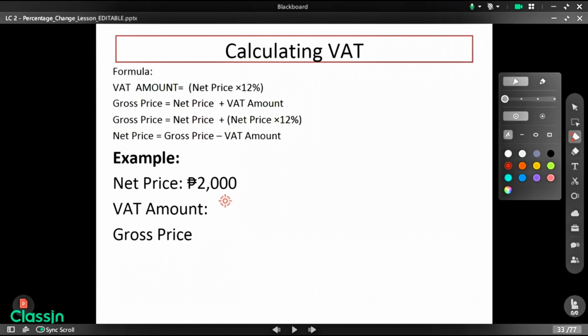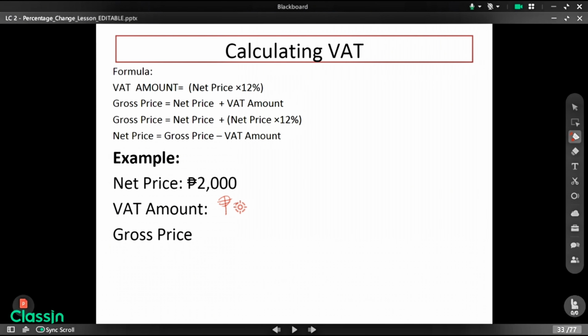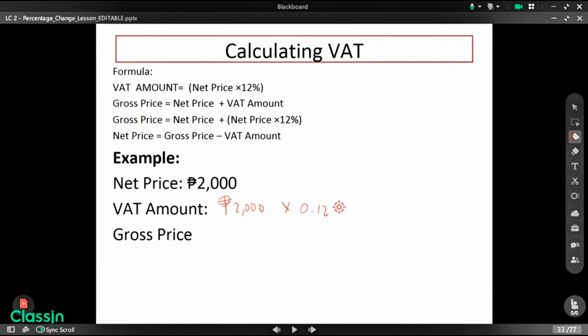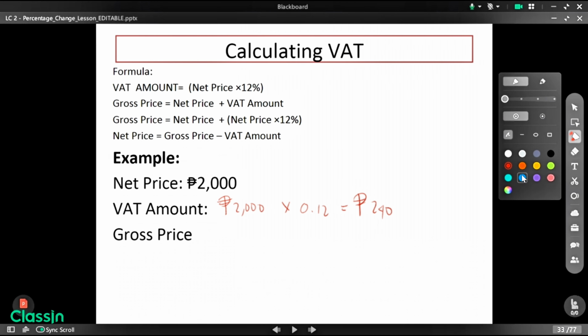So what we are going to do is multiply the net price times the VAT rate, which is 12% or 0.12. So the VAT amount is 240.